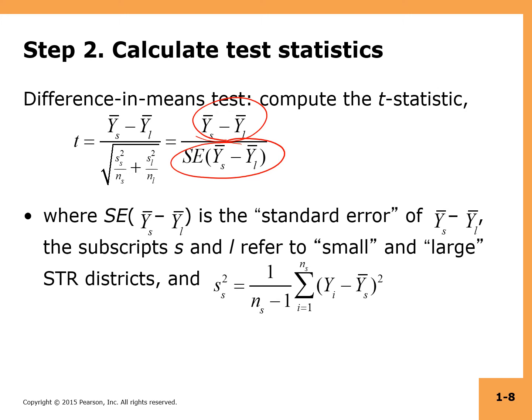The standard error of the point estimate is calculated by the square root of the variance of small class size divided by the sample size of the small class districts, and then adding the variance of large class districts divided by the sample size of large class districts. The variance for small and large class is given here.